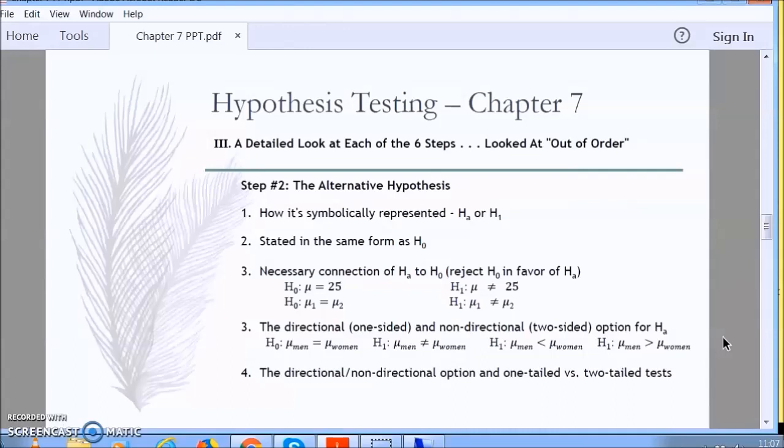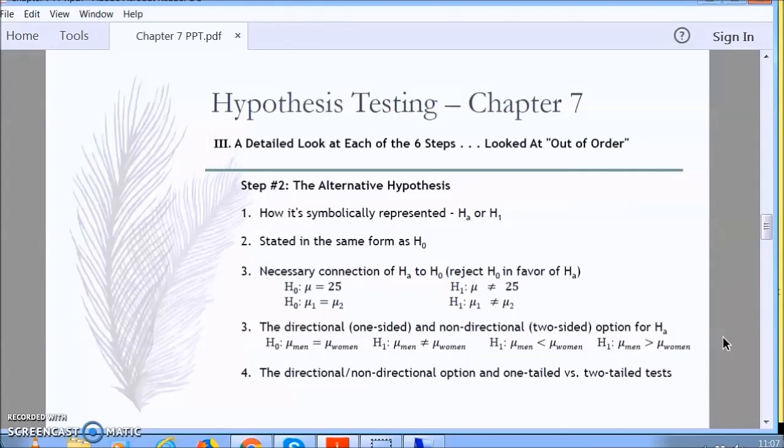You also have some non-directional alternate hypotheses shown on page number 139, which show that if your mean is 100, the alternate is mu not equal to 100. If your correlation is plus 0.2, the alternate is not equal to 0.2. So basically it takes the same form, but it is non-directional.